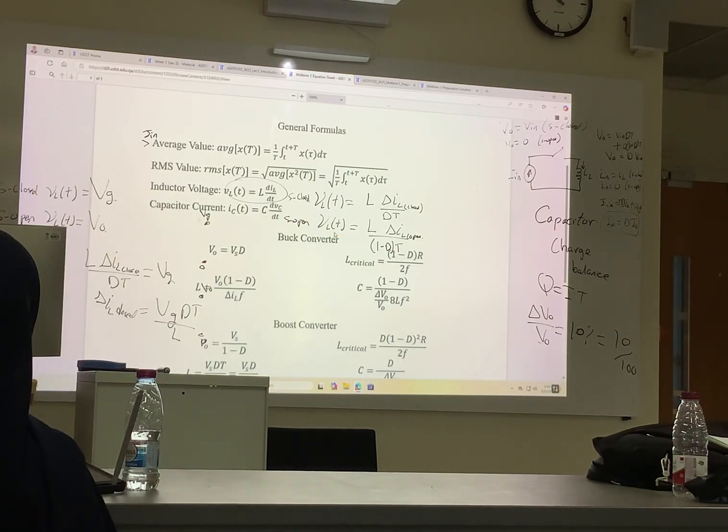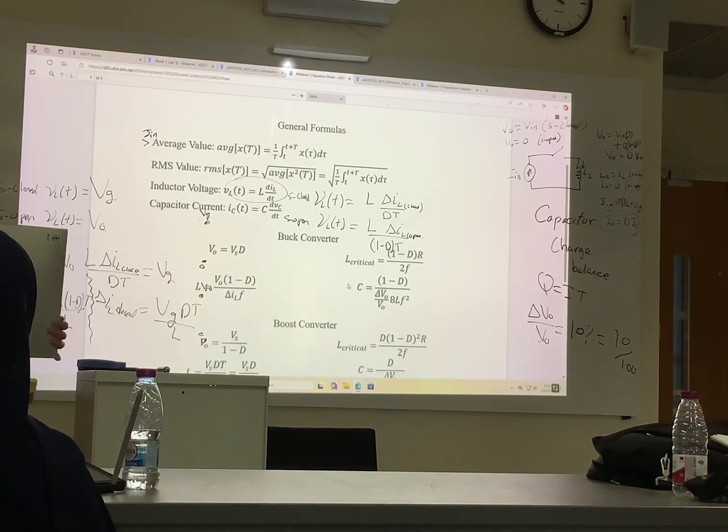So L delta IL open over 1 minus dt equals V out. Then I can say that delta IL open equals V out 1 minus dt over L. And that's how you get it.